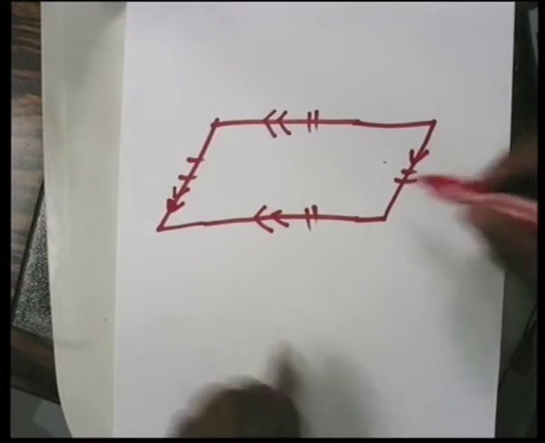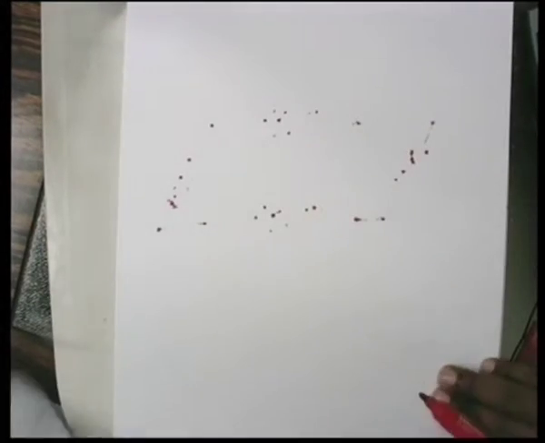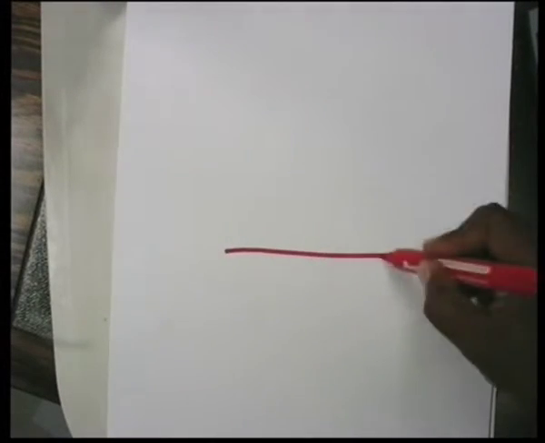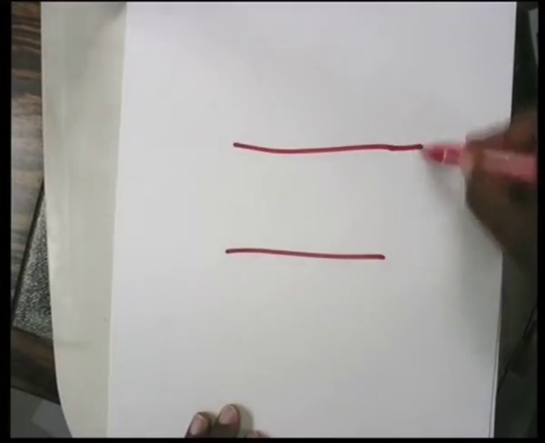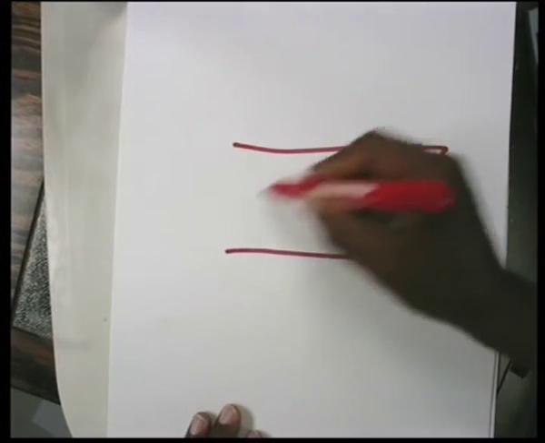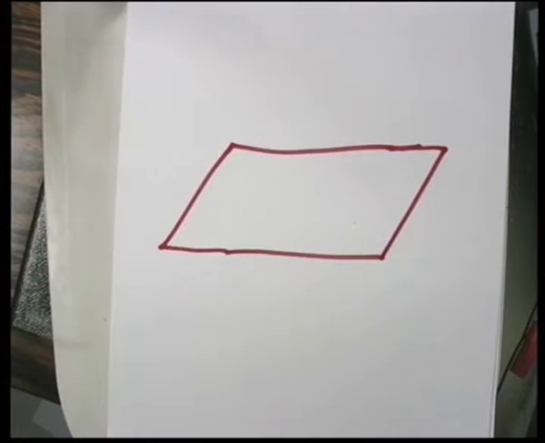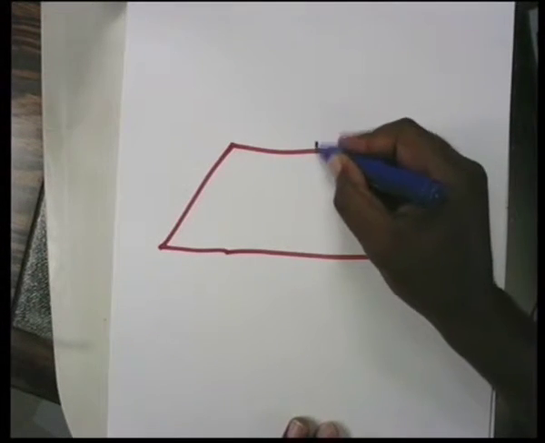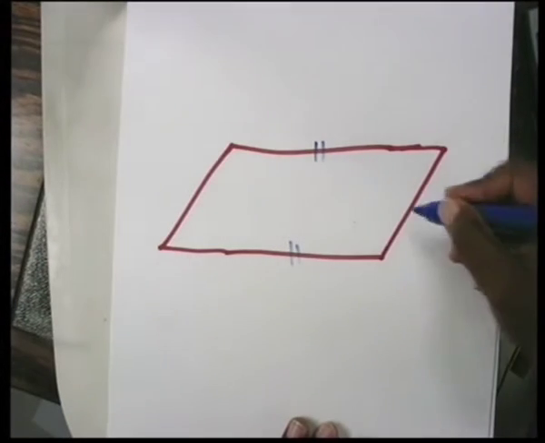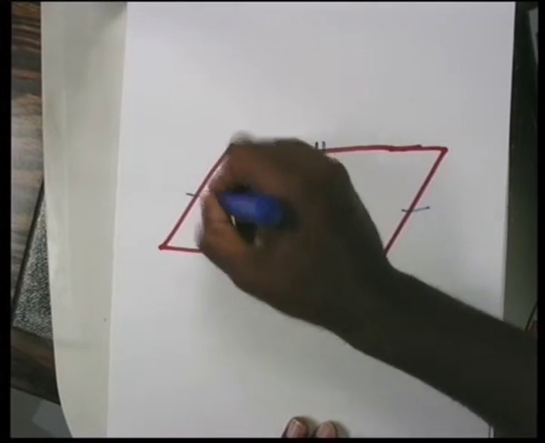So what we are supposed to do, okay, let me just draw another one to explain it better. If you have these two sides here, this is your parallelogram. Now you will notice that these two sides here will be equal, and this one will be equal to that side.